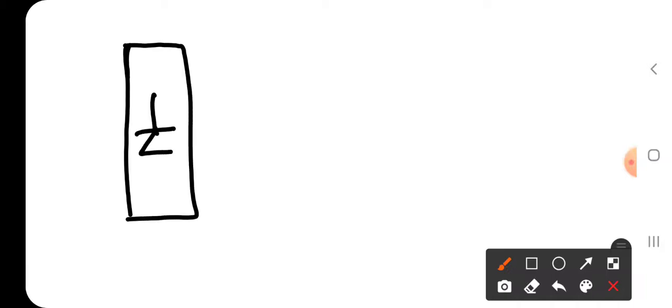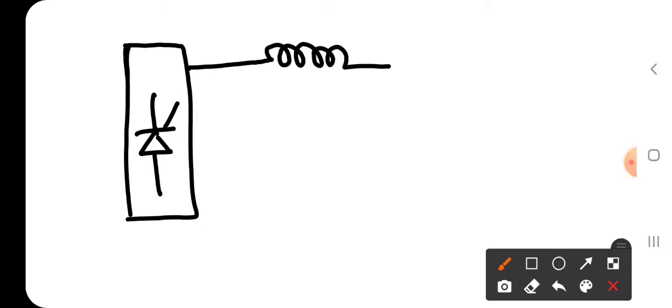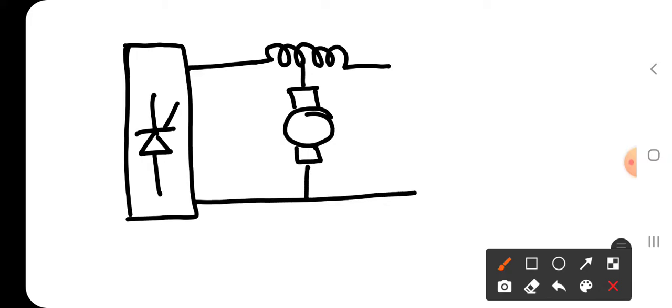This is the positive converter, and here I have the circulating current limiting reactor, or limiting inductance, and the motor, a separately excited DC motor.